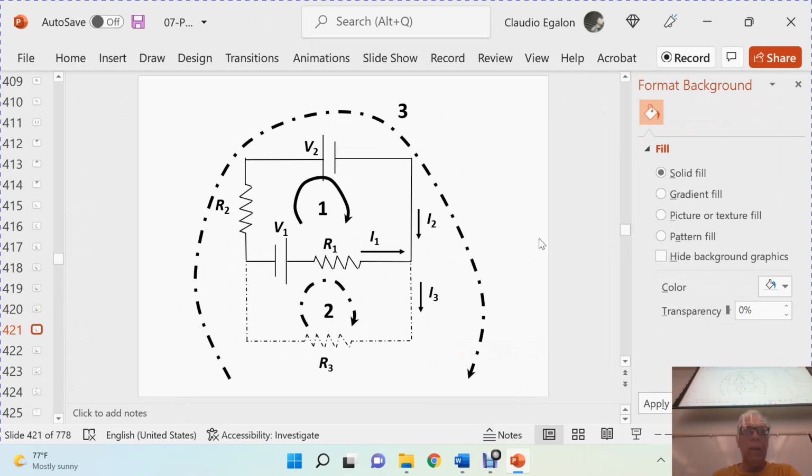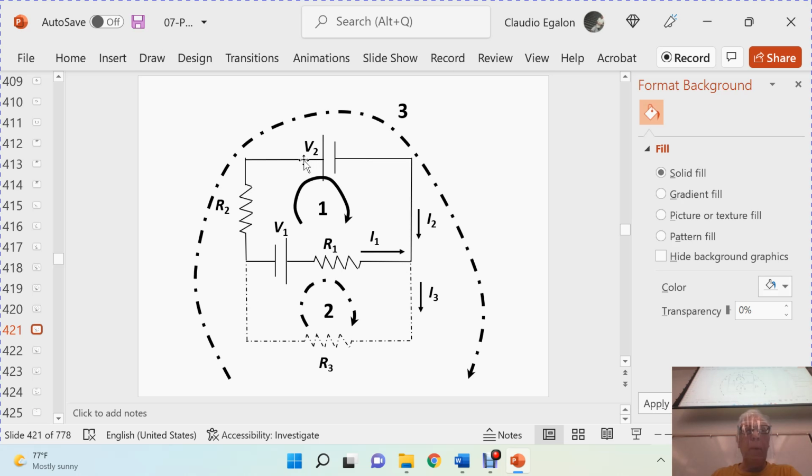Here you go. The first one, I'm highlighting loop number 1. Okay? So I chose the loop to go in a clockwise direction. This current I1 is going from the left to the right. This current I2 is going to go downwards. Okay? And I'm going to start from this point to this point.